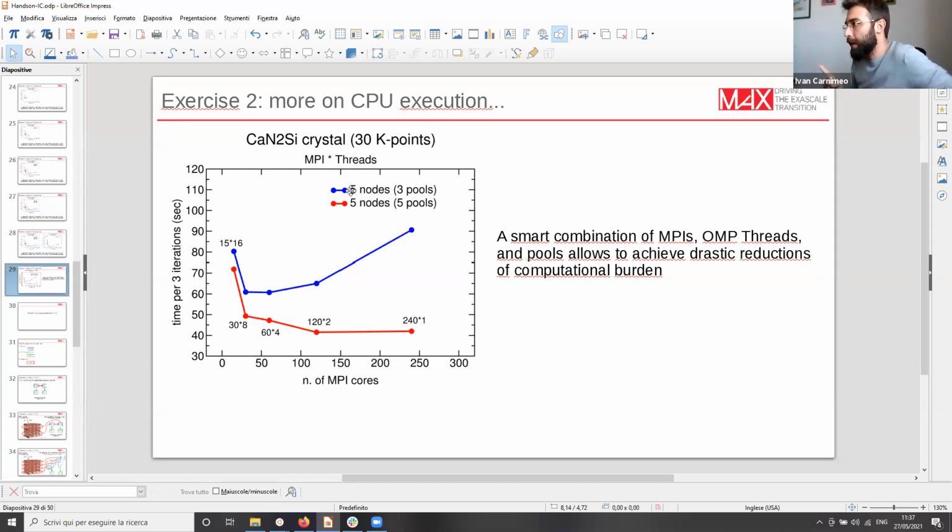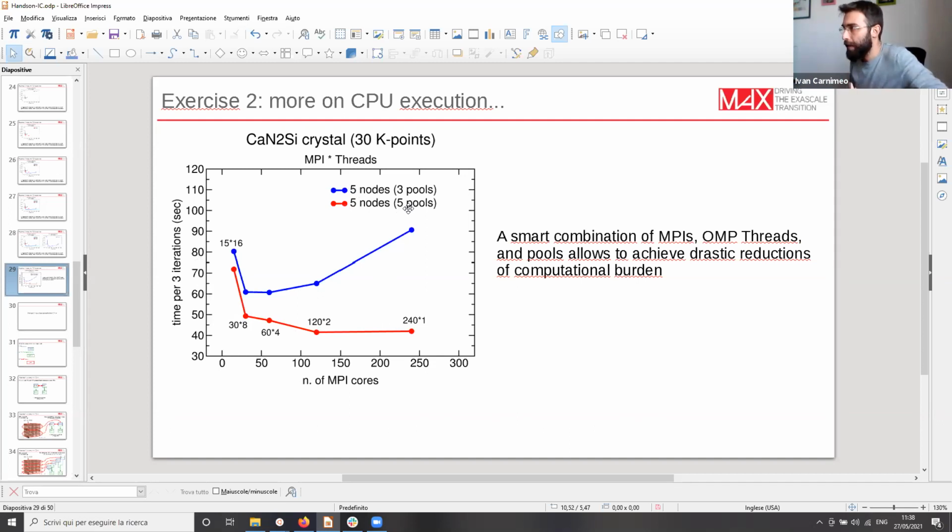So it is much more clever to use 5 nodes and 5 pools. And you can see the computational time is much faster using 5 nodes. In this way, I have divided 30 K points in 5 pools, which means that each pool will have 6 K points, and I can fit one pool exactly in one node.